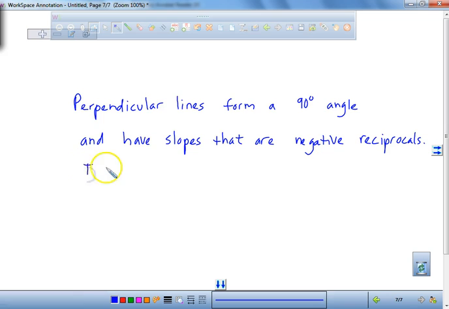Not done yet. Their products always equal -1.